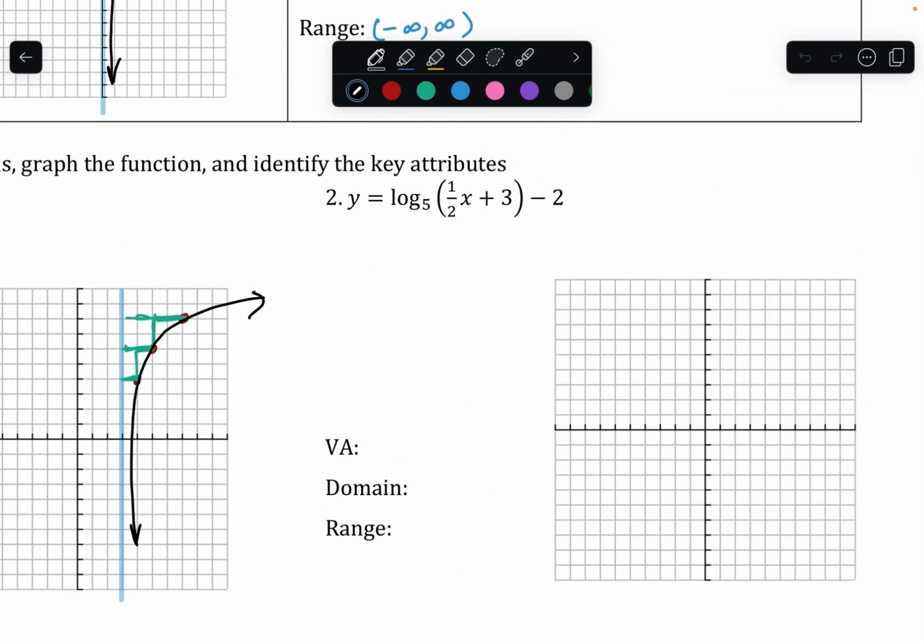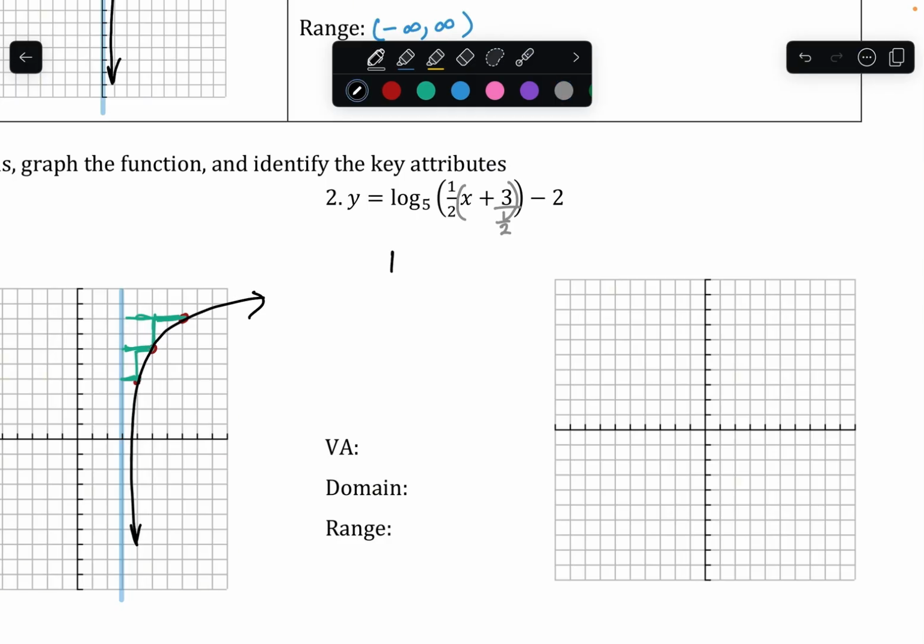All right, in this next example, we have a b value here, and we also have a c value. Anytime you see that, you need to make sure you have 2 sets of parentheses. So my first step is to factor out the 1/2. So add a set of parentheses and divide your c value by whatever your b value is.